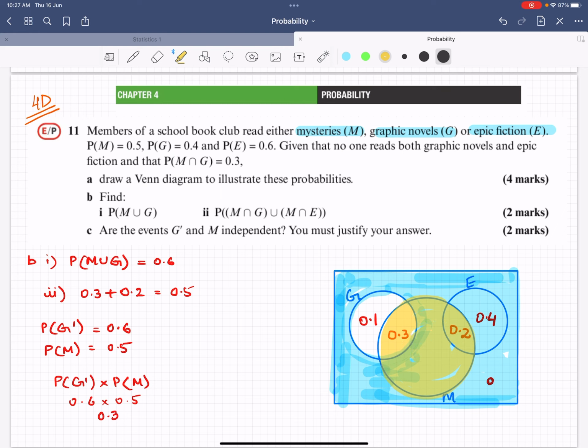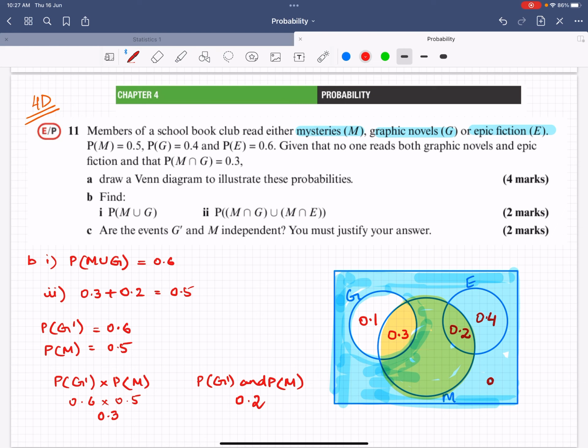So since we are looking for the intersection, we will look for the part which is highlighted by both the colors, and that is 0.2, because 0.2 is the only region which has overlapping of both the colors, as it is an intersection. So probability of G complement and M, which is the common region between the two, is 0.2.